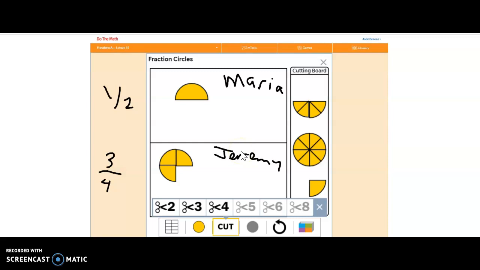So when the question asks who has more, you would put Jeremy's name. And then how do you know? Because Maria has half of a cookie and Jeremy has more than a half. He has a fourth more, okay? See this one piece? They would be equal if he only had a half, but he has 3/4.